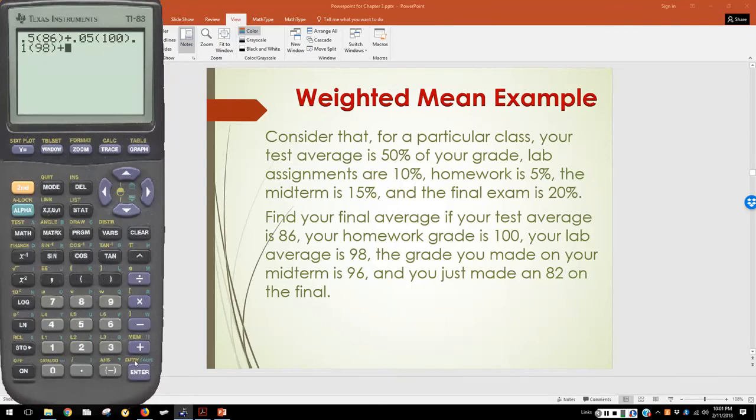Plus your midterm was 96, and it counts 15%, so 0.15 times your midterm grade of 96, plus 20% of your grade is your final exam grade, and you can put that as 0.20 or 0.2, and you made an 82 on the final exam.